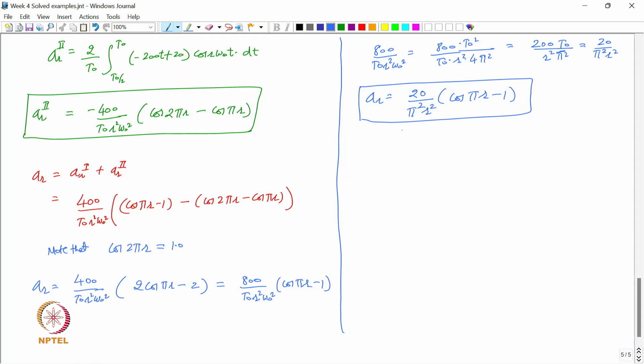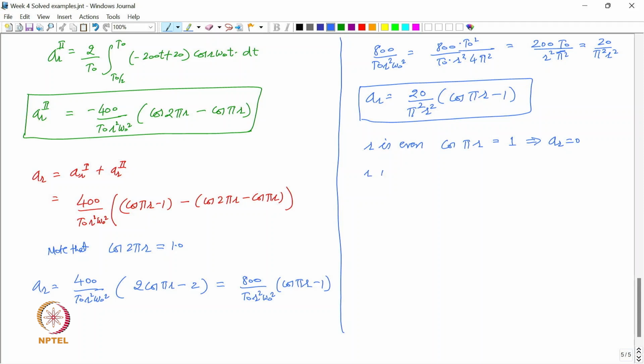And also we note that if R is even, then cos pi r will be equal to 1, and that would make AR as 0.